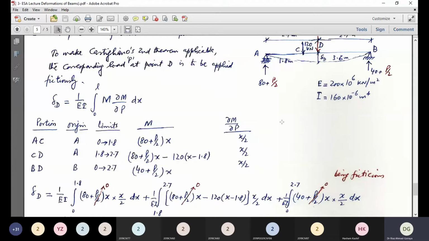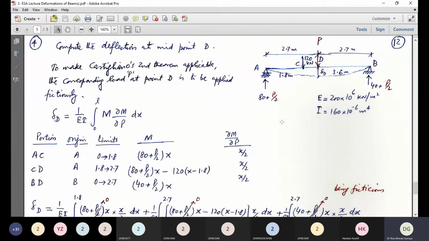Is there any confusion in writing the moment expression for portion CD? No, sir. Okay.